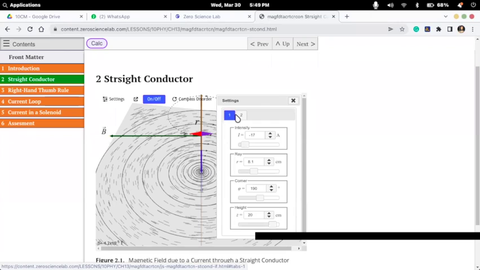Yes, sir. The magnetic field lines are nothing but concentric circles. The concentric circles are very dense when we are close to the conductor. So close to the conductor, the field lines are very dense, indicating that the magnetic force is large.